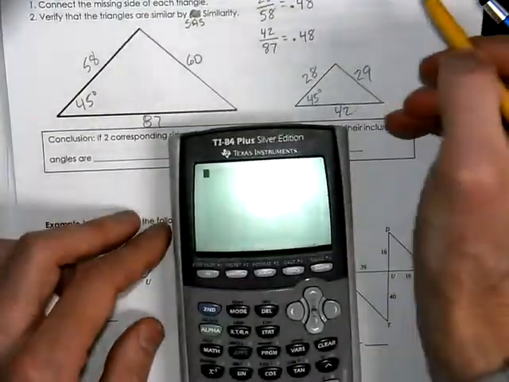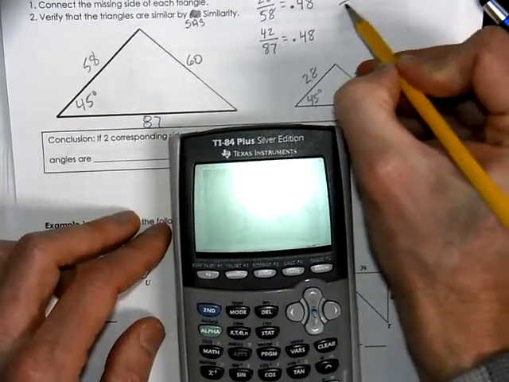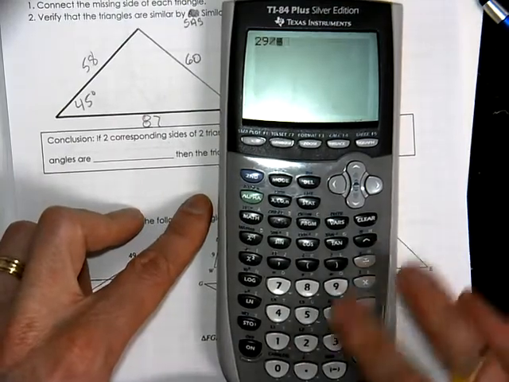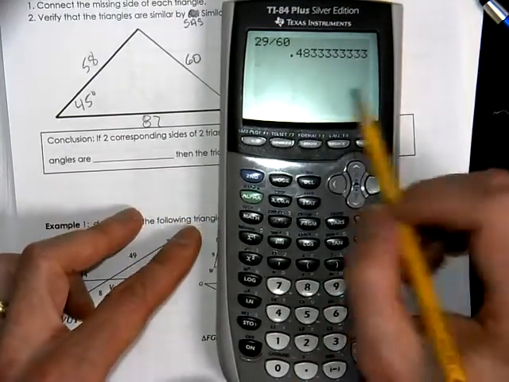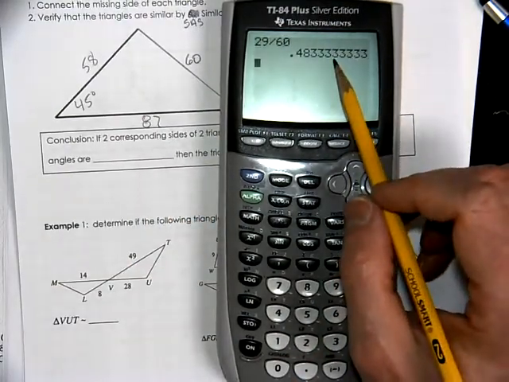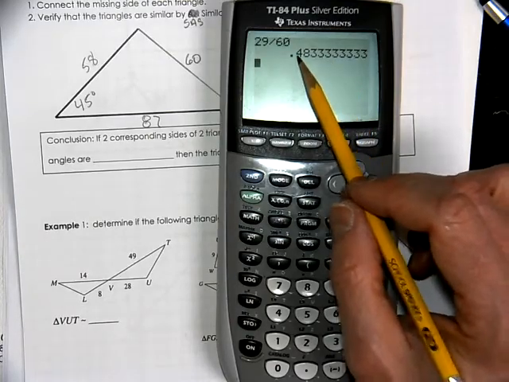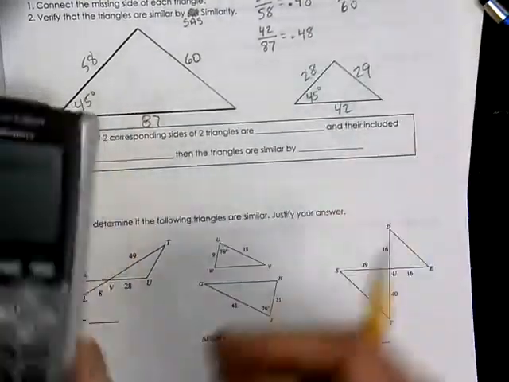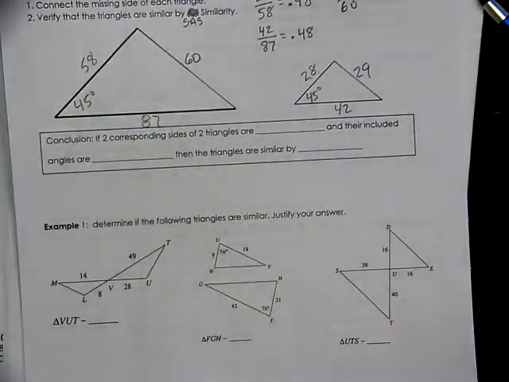So we're going to compare the 29 and the 60. 29 and the 60 gives us not quite the same decimal we had before, but it is 0.48. So that worked out well.